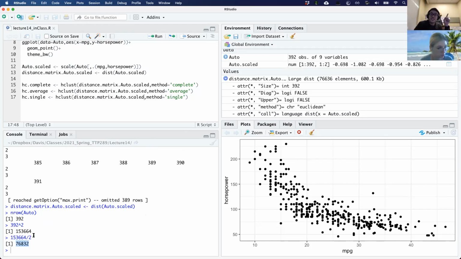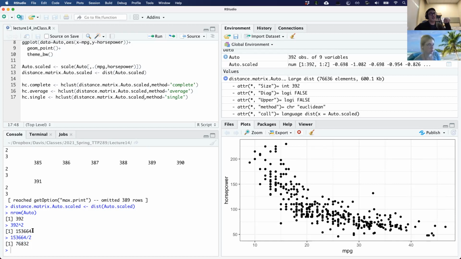So if I have a distance x1 to x2, that tells me the distance between both, so I no longer need x2 to x1. What you can see here is that the distance matrix is the full matrix of pairwise comparisons minus all the ones along the diagonal, like x1 to x1, which are all just 0, minus the mirror distances.